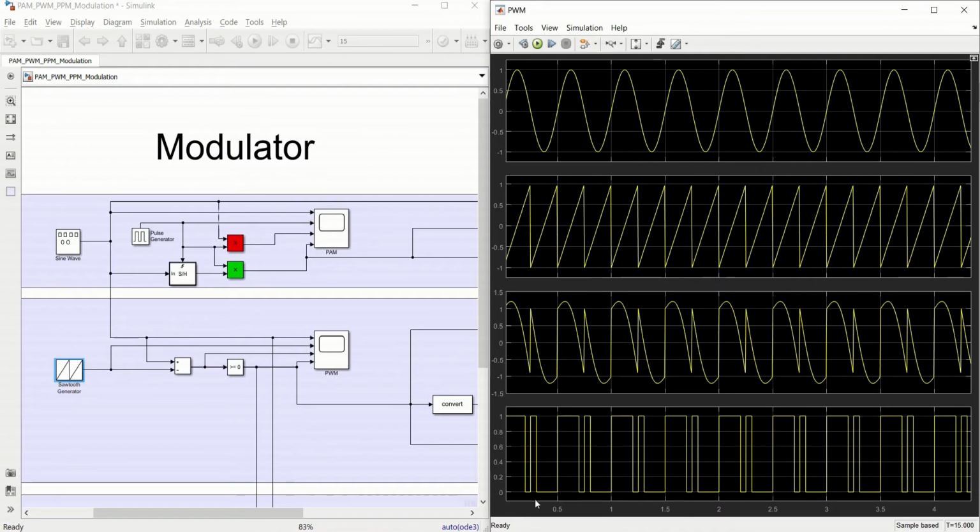That is, in 0.5 we have two waves of the sawtooth signal. The third waveform is coming from the subtract block, that is, we are subtracting this signal from this signal. So eventually we achieve the third waveform that is coming from here.